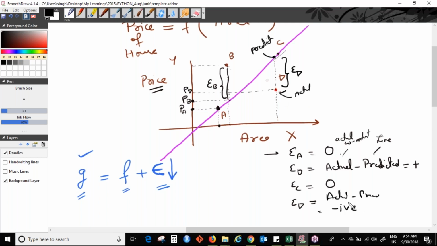So you will get a negative quantity here. So these are the errors that this line is making. Now you see, when we assumed that the relationship is linear, we are getting some error. We are not getting perfect prediction.